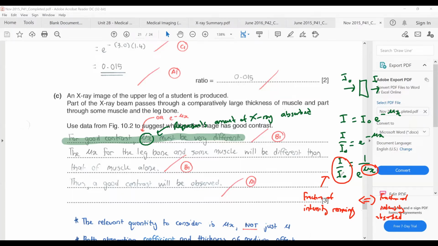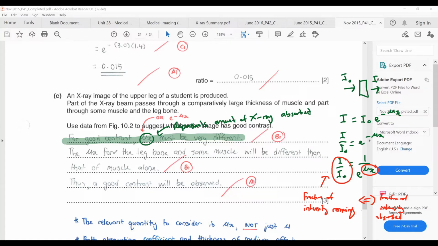So here, whatever fraction of intensity remaining or whatever fraction of intensity absorbed is actually affected by your mu x. Okay, so if you want to have very different amounts of intensity absorbed, very different amounts of intensity remaining, which is then incident on your X-ray beam, this one must be very different. So hence, you need to write this. For good contrast, mu x must be very different.